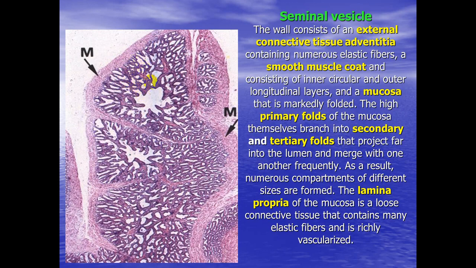You see, these folds may be primary, then secondary and tertiary folds. So these folds branch very much and give this interesting picture under the microscope.